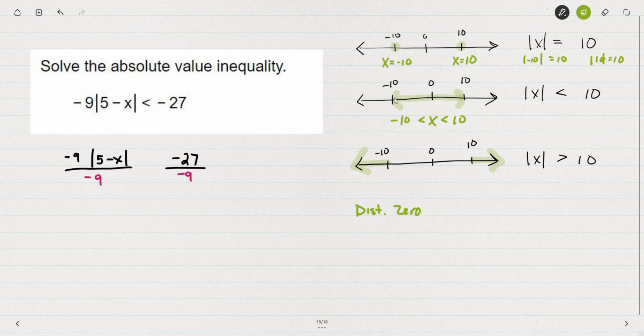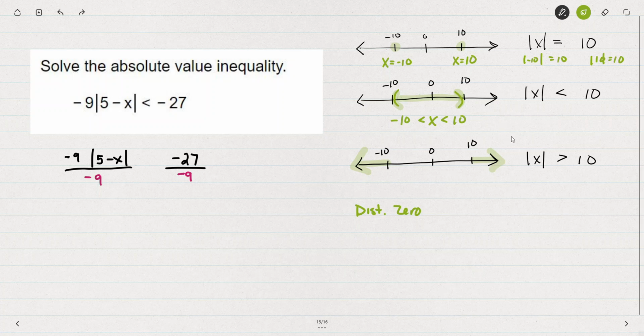Notice that we've got a parenthesis at the 10 and negative 10 because the 10 and the negative 10 aren't included. Now if I put an or equal to, I would have used a bracket here. But let's keep these two just the less than or just the greater than and not include the equal to.